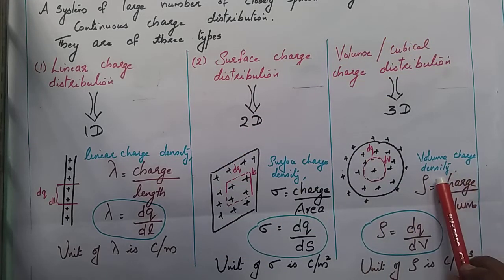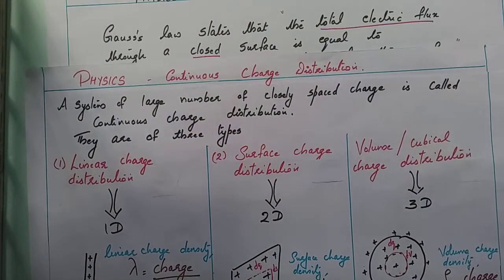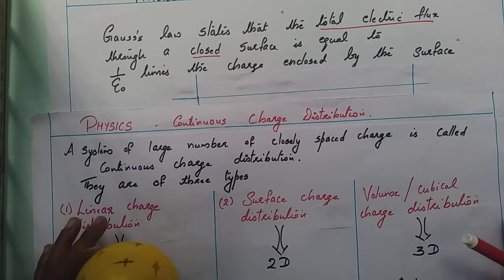Now volume charge density rho is given by the formula charge divided by volume, and it is rho equals dq by dV. SI unit is coulomb per meter cube, and all the three quantities are scalar in nature. So this is a very easy topic, and just learn by heart the formula for linear charge density, surface charge density and volume charge density. Now we pass on to another important topic, that is Gauss's law.